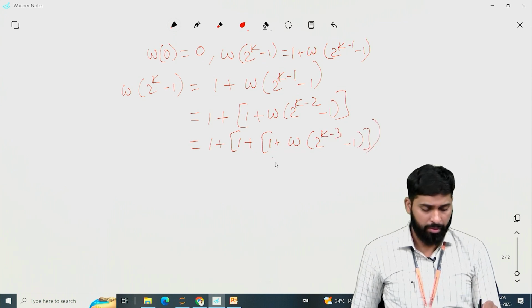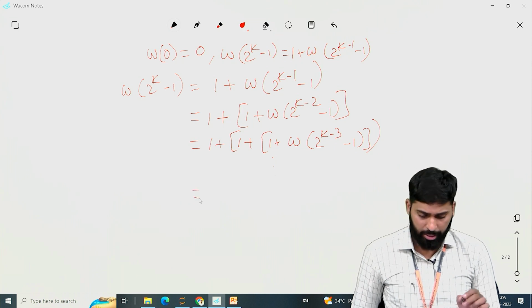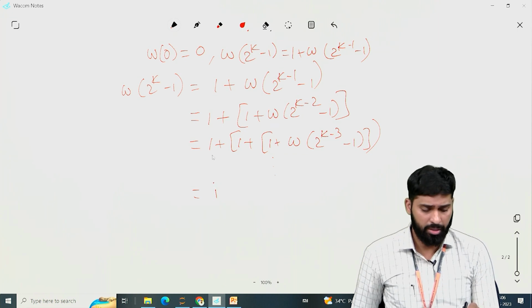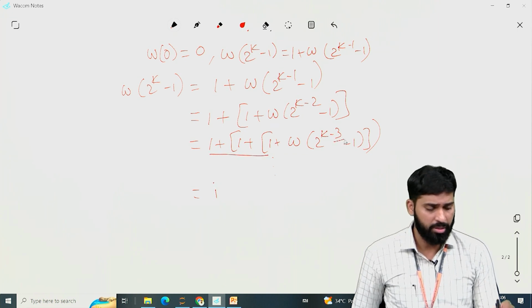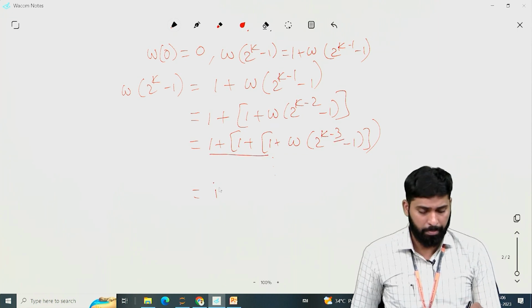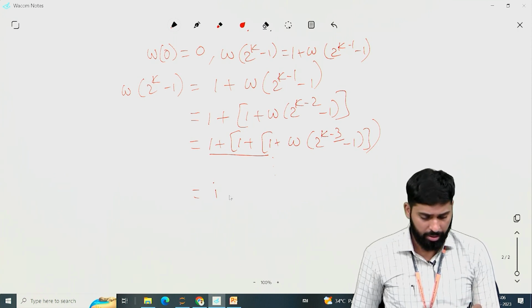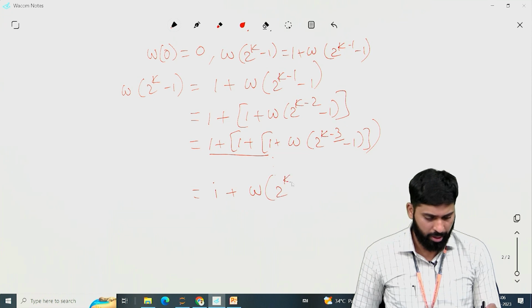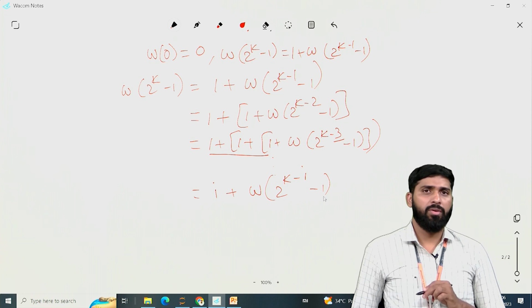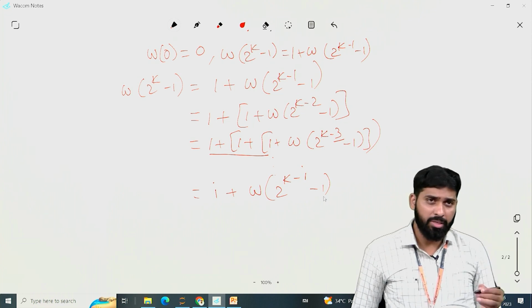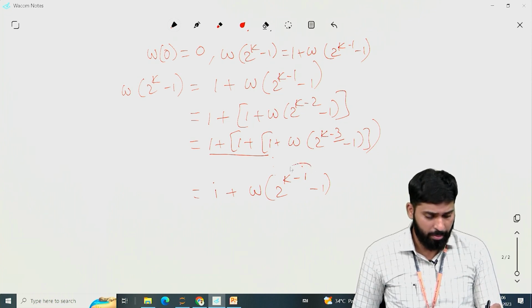Okay. We repeat this until it becomes i. What is i? The number of ones here. Here the number of ones is 3. So we replace the number of ones with i plus W(2^(k-i) minus 1). We repeat this until this becomes 0.